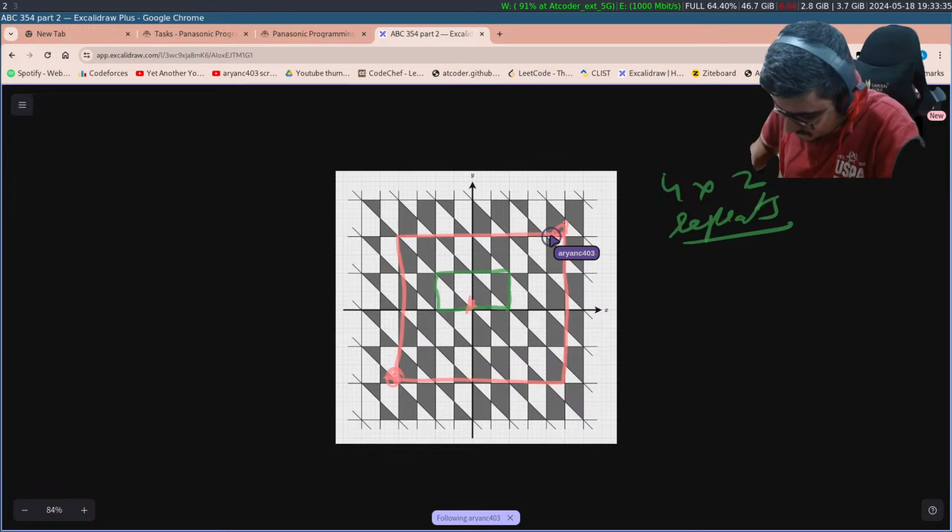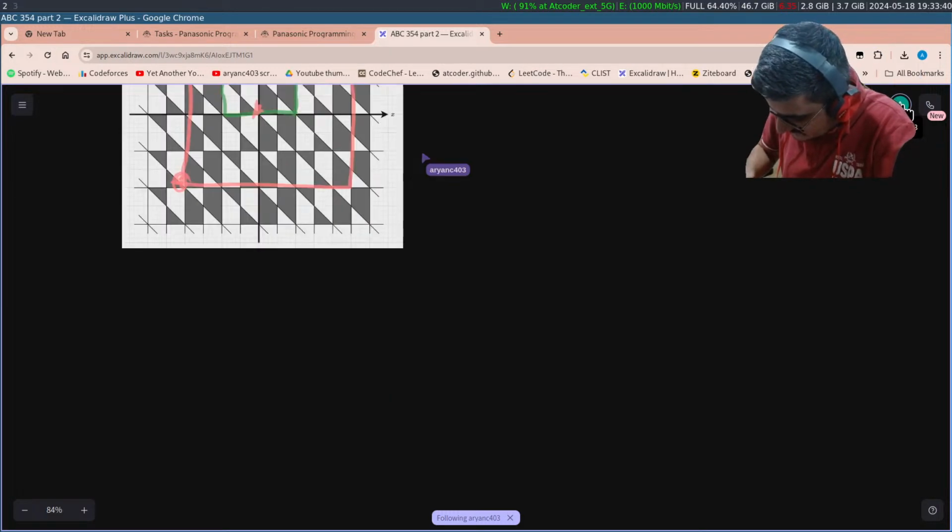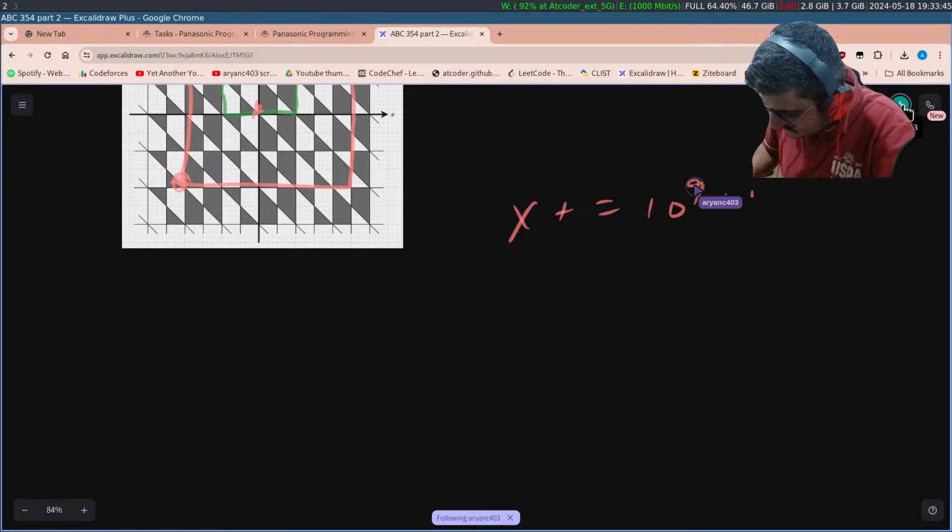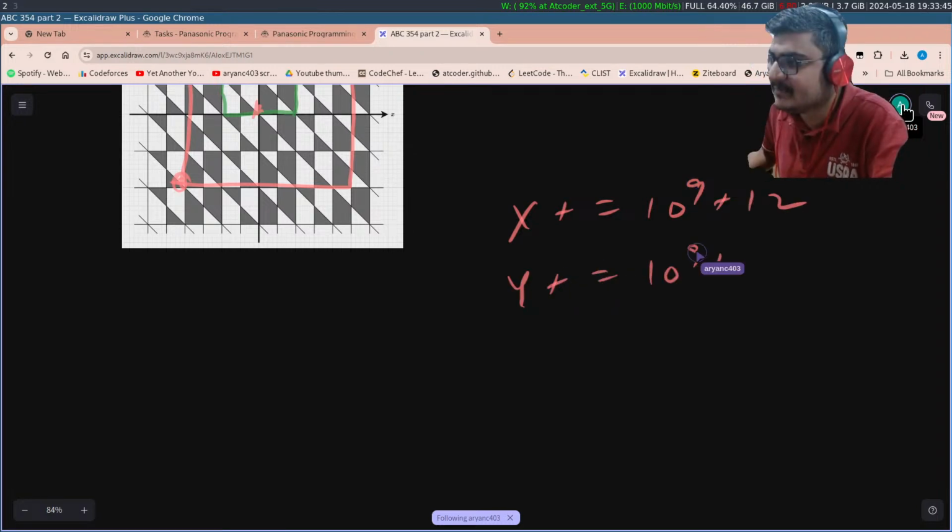So the first thing to do was x plus equal to 10 to the power 9 plus 12, y plus equal to 10 to the power 9 plus 12.